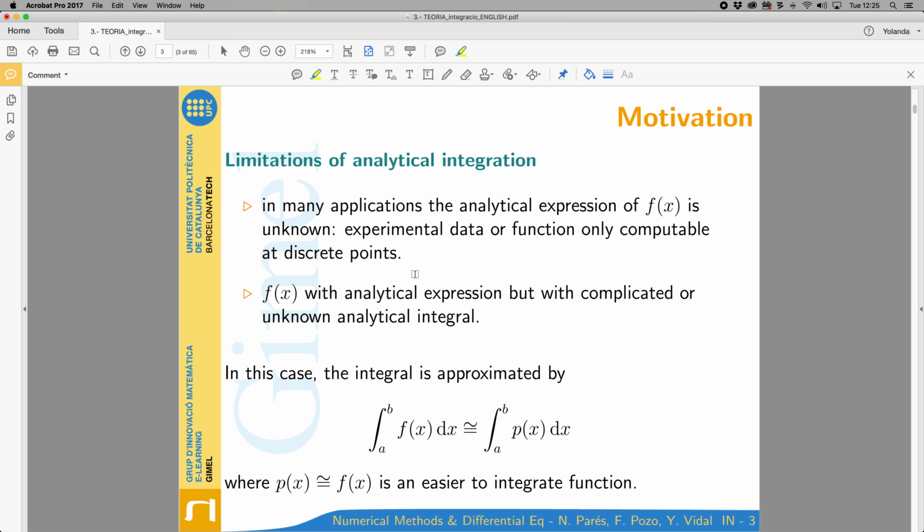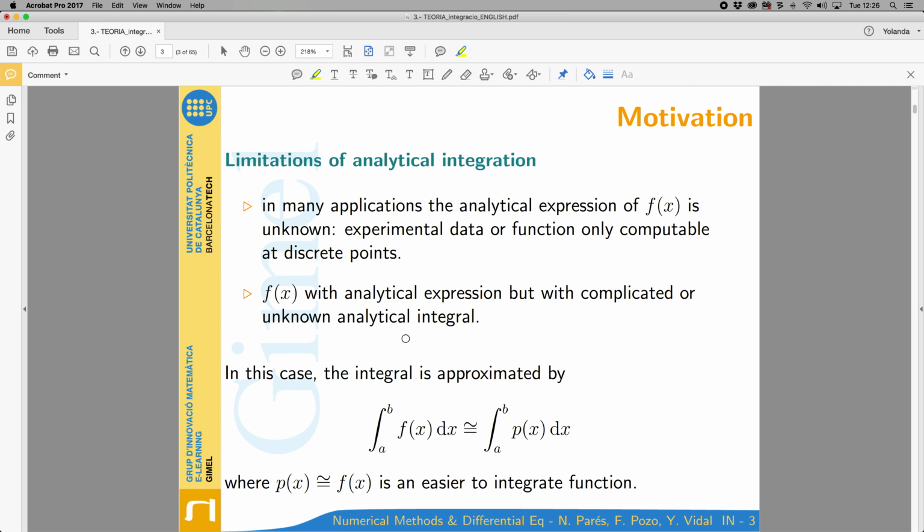The other case is when I know the expression of f of x, but it's such a complicated function that I cannot compute the integral analytically. We will see an example in a few seconds of each one of these cases.